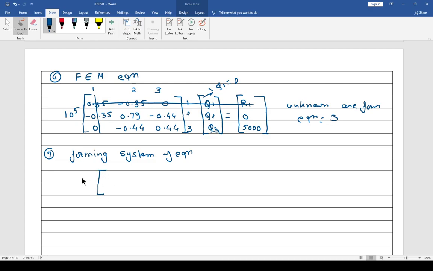Now my system reduces to 10 raised to power 5 times the matrix 0.79, minus 0.44, minus 0.44, 0.44, into Q2, Q3, because Q1 is known to us, that is 0. And this will be 0 and 5000.